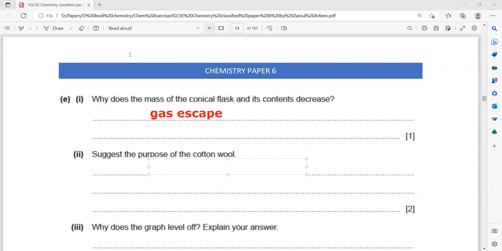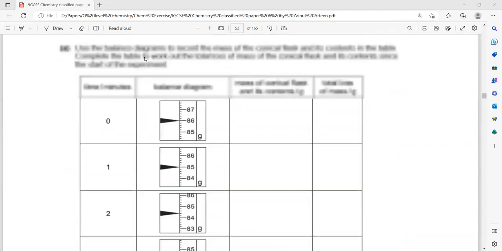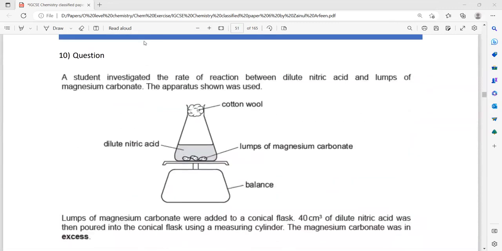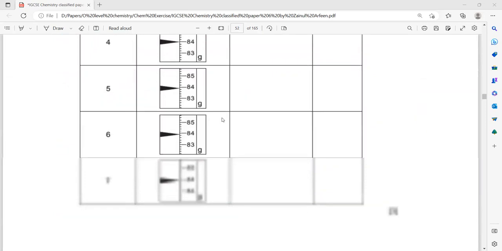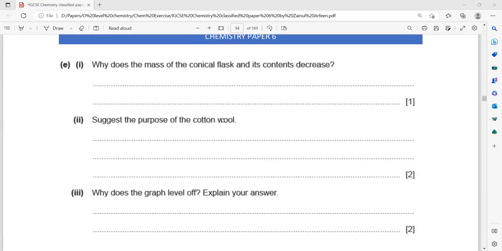Some students just mention that it allows the gas to escape. That is totally wrong, because if I don't have the cotton wool there, the gas will still escape. It won't make a difference if there is cotton wool or not. If there was a stopper, then yes, it would make a difference. The main purpose of the cotton wool is to prevent acid spray, preventing the contents of the flask from escaping. Otherwise, the change in mass will be much greater. So don't say allow the gas to escape.